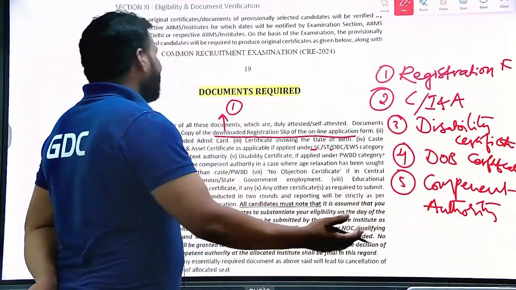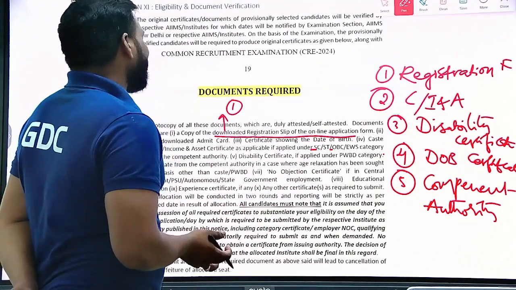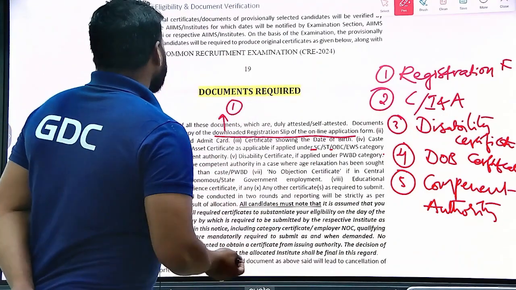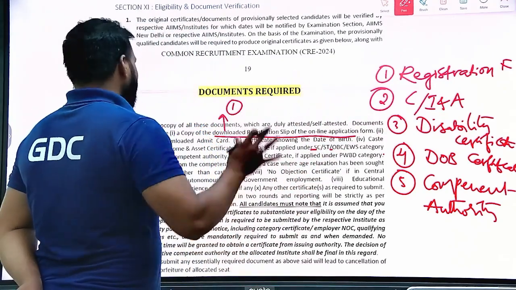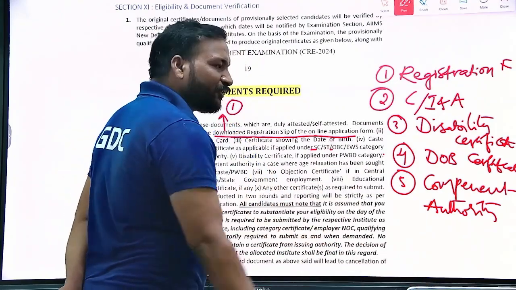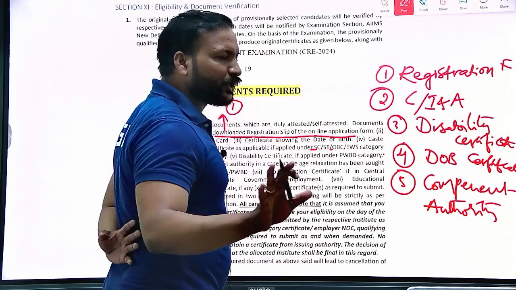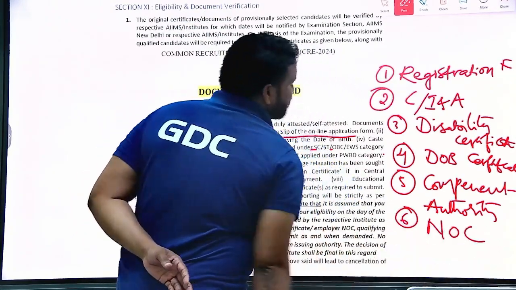If you are seeking selection from a specified institute, you need to get a certificate from the competent authority. And a no objection certificate, NOC, from state, autonomous and central government employees. If you are already working in the state government or central government sector, you need to get the NOC.